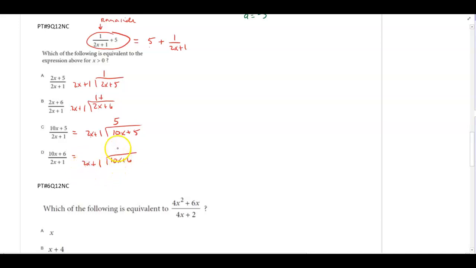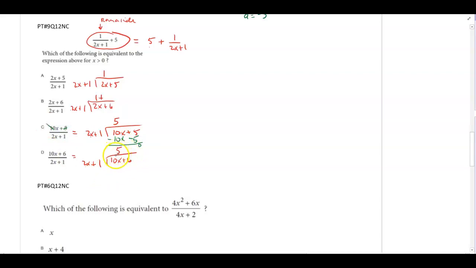What times 2x would give me 10x? That would be 5. Now I have to determine which one gives me a remainder of 1. 5 times 2x is 10x, but remember we have to subtract it. 5 times 1 is 5. When I bring it down and subtract, that would give me a remainder of 0. That's not going to work.